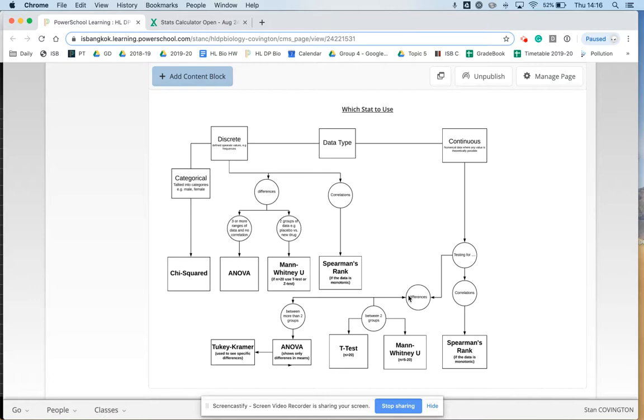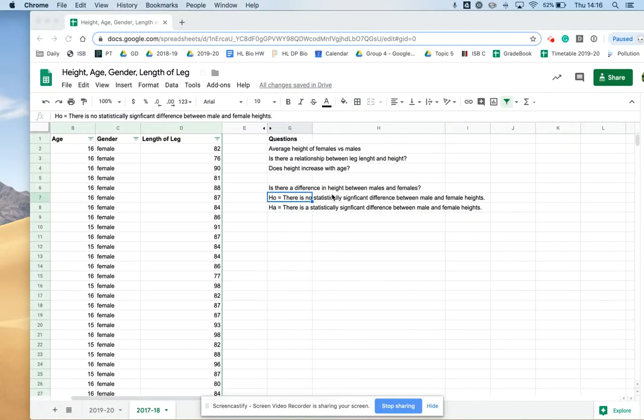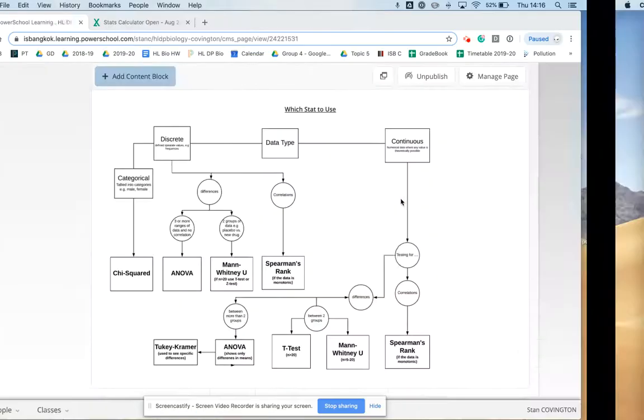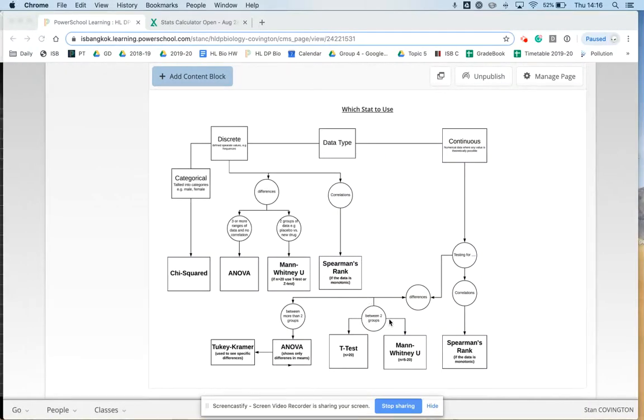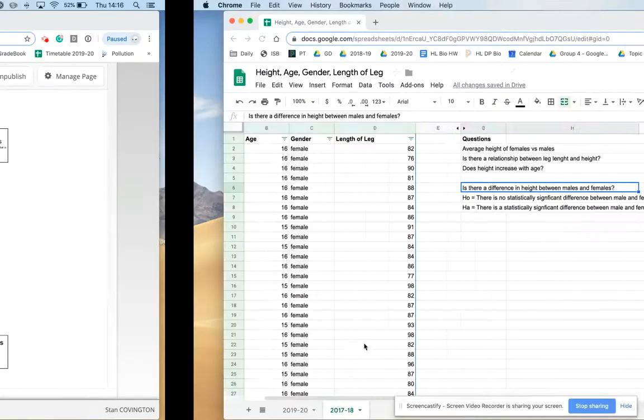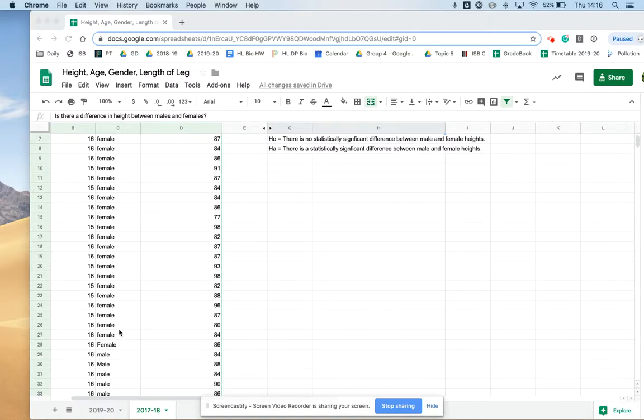Okay, so in this case, we're looking at differences, right? Because we're looking at, is there a difference, kind of gives it away, in height between males and females? So then we're looking at the difference between two groups because we have males and females. Okay, and then we have approximately 28 data points here for females.